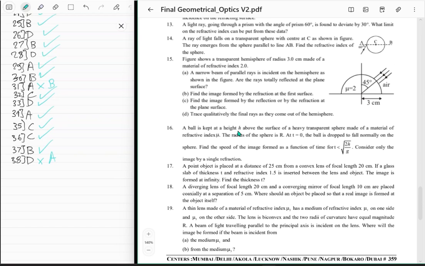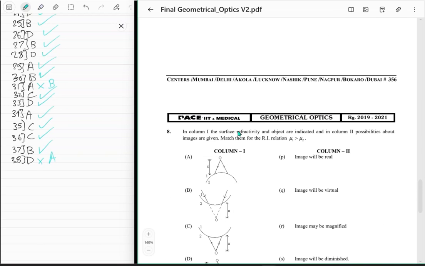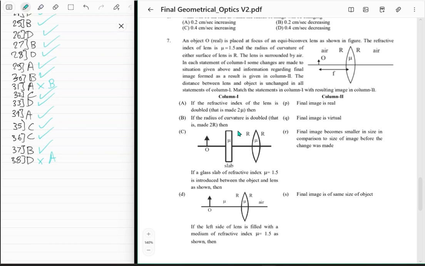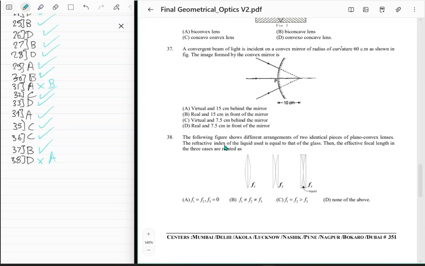Where is it? How many questions are here? So you are saying A, which is F1, right? No, they are wrong. It's D, right? Yes.